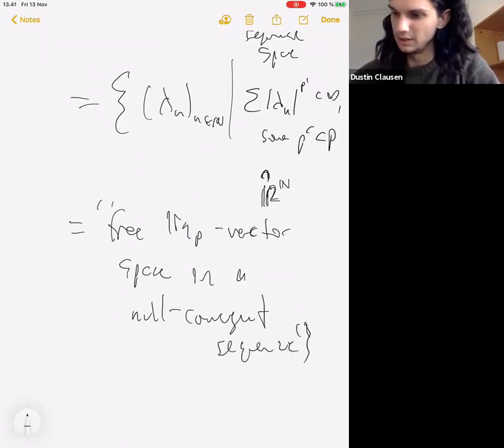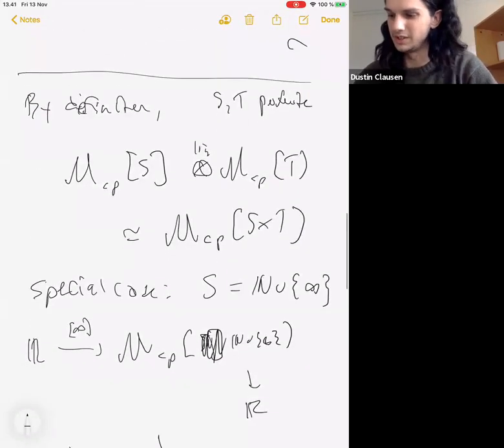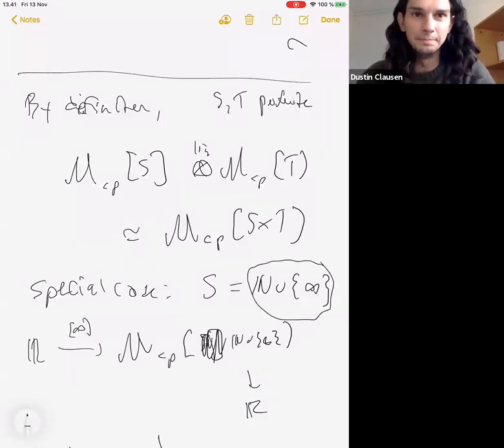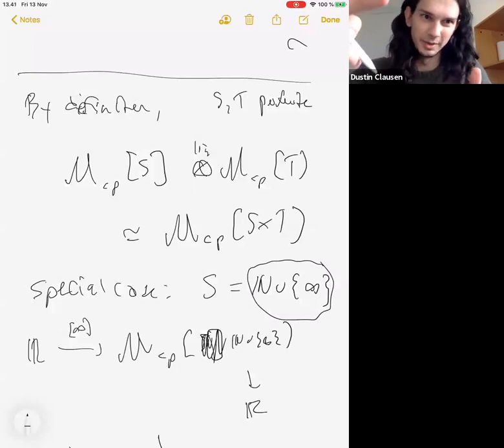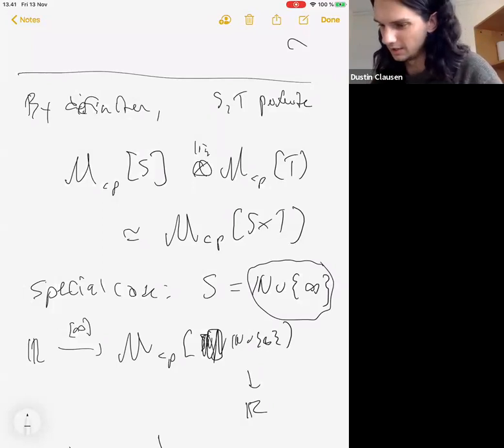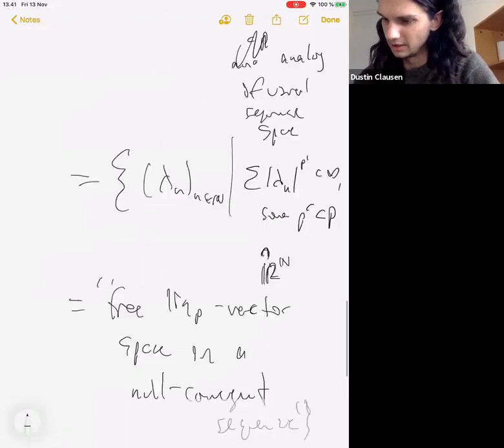So giving a convergent sequence in a liquid vector space is the same as giving a map from this S here, a convergent sequence plus a limit point, I should say, since remember, it's not necessarily Hausdorff. And then when we mod out by this inclusion here, we've decided that the limit point should be 0. Right.